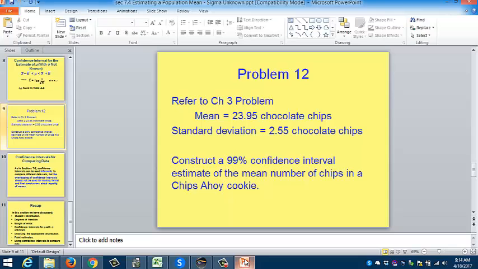It says the mean is 23.95 chocolate chips, and the standard deviation is 2.55. Construct a 99% confidence interval estimate of the mean number of chips in a Chips Ahoy cookie. That's what the problem says to do. Okay? So, you're going to do the same kind of thing that you've always done.